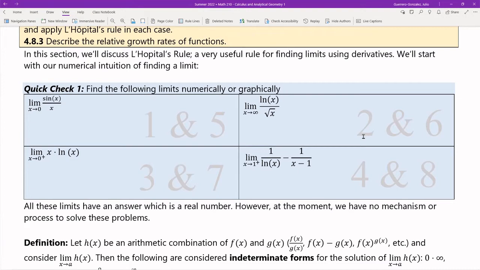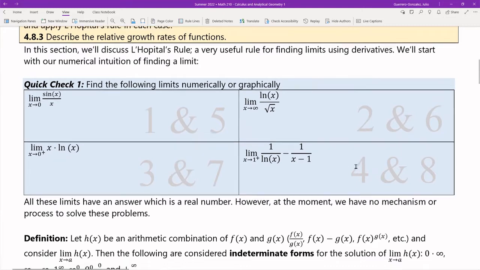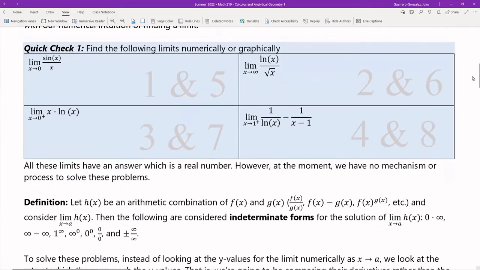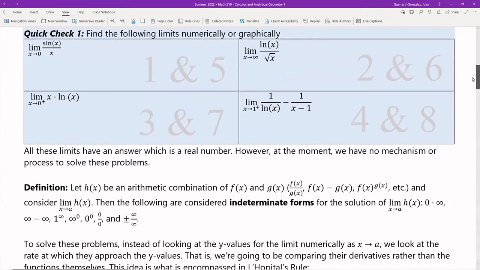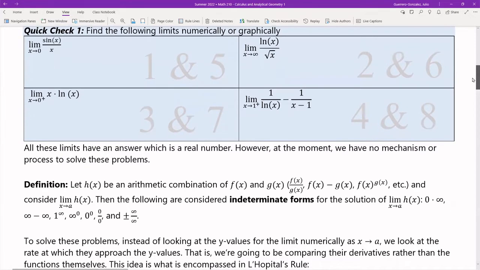Now let me continue on from here. I'm going to put these up at the same time while I'm talking. All of these limits that you are looking at right here, for a quick check, they have a limit. It is a real number. They all approach some value. But at the moment, we have no mechanism to solve for these.